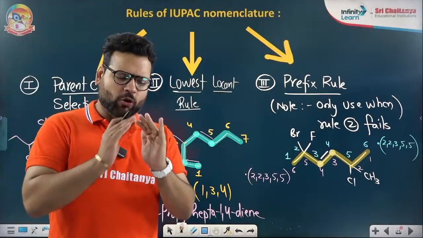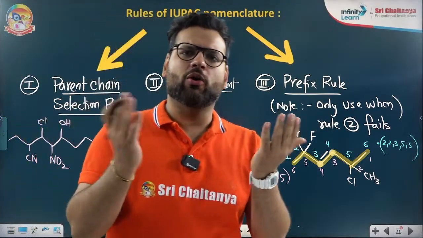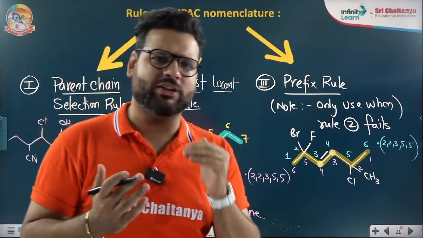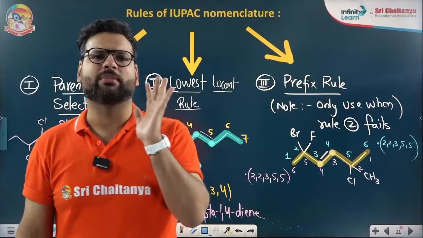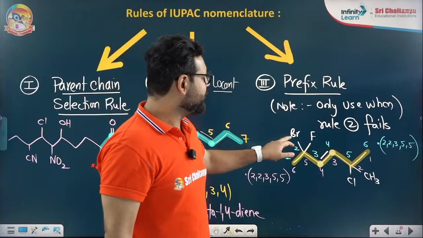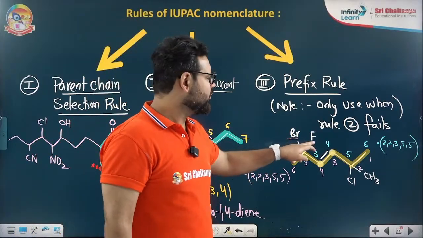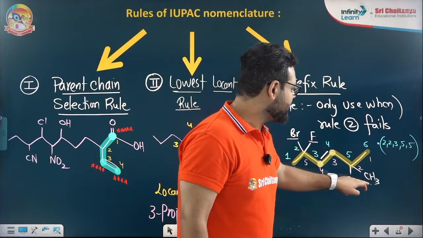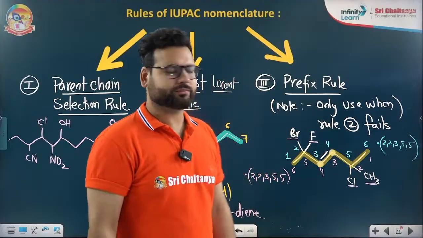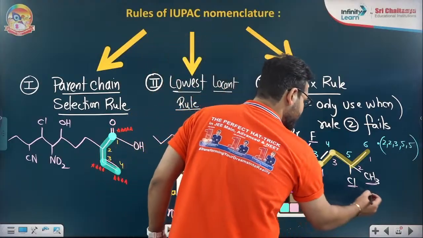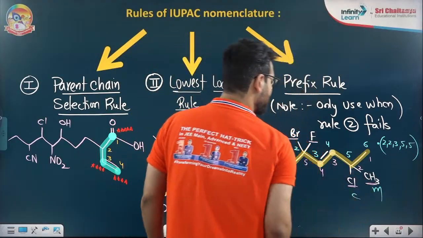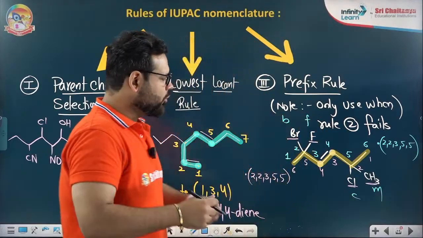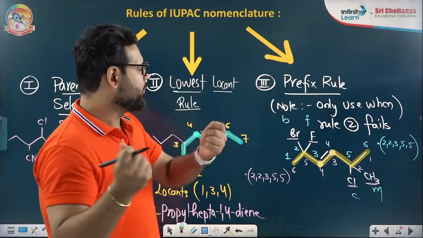Rule number 3 will say open the dictionary. Whichever substituent is coming first in the dictionary should get the lowest number. Here I have bromo starting with a B, fluoro starting with an F, chloro starting with a C, methyl starting with an M. When you open the dictionary, bromo will come first.